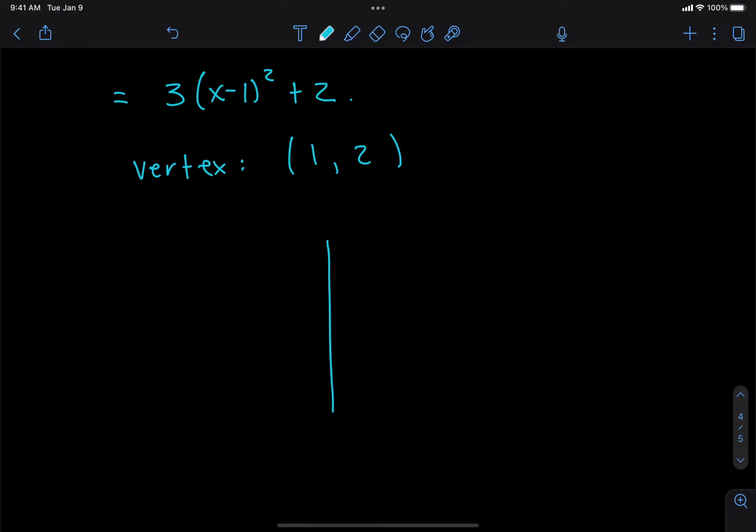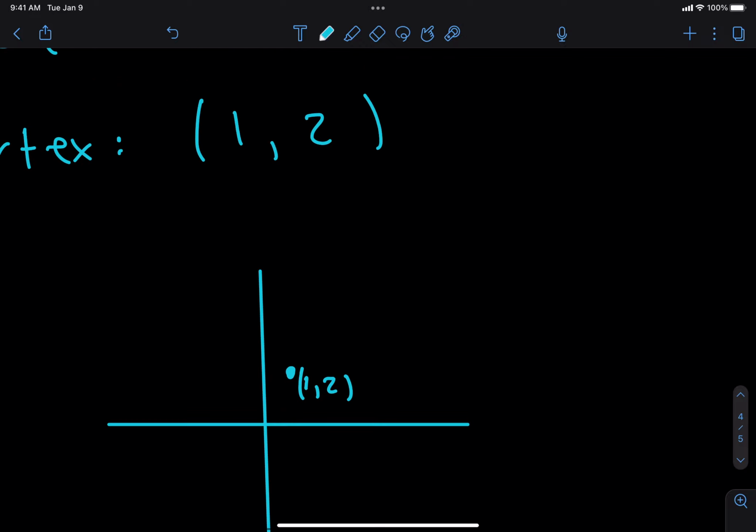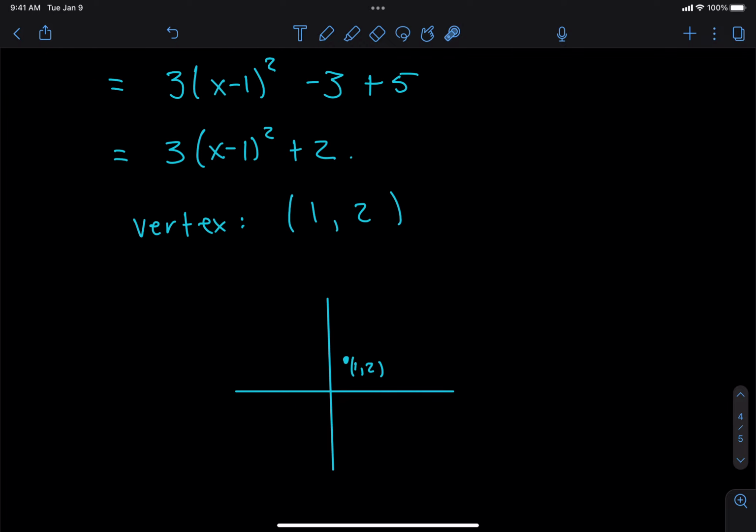So let's graph. I'm going to put a point here, move over 1 and up 2, right? So here's the point 1 comma 2, and I know that the parabola opens up. If I go over 1, how much should I go up? How can I tell how much I should go up if I go over 1?